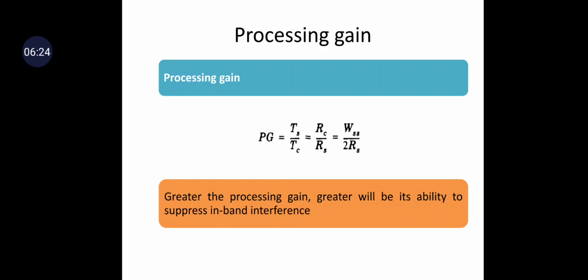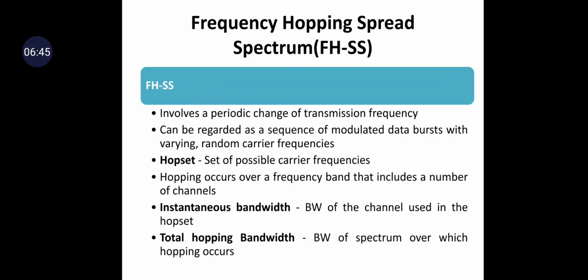It is denoted by Pg. It is nothing but Ts divided by Tc, where Ts is symbol duration and Tc is chip duration, or in terms of rate, Rc by Rs. The greater this processing gain, the greater its ability to suppress in-band interference.